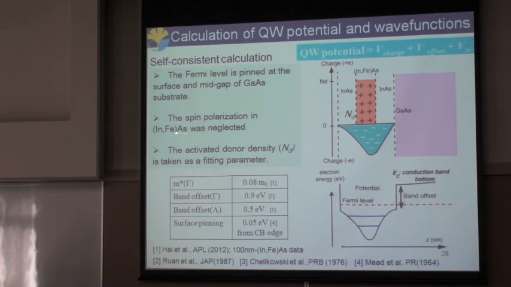We assume the spin polarization in this material was 0, neglected. And the activated donor density ND, which is here, is taken as a fitting parameter. Also, we use these parameters estimated from the literature: the effective mass of electrons, band offset and surface pinning position.